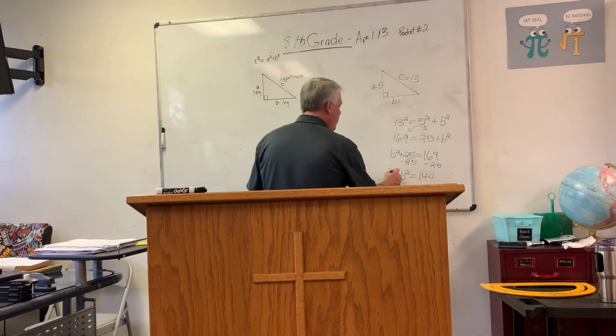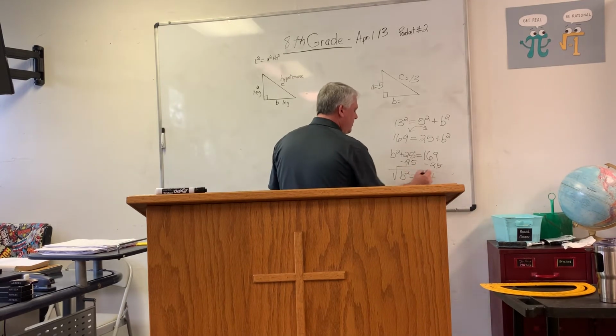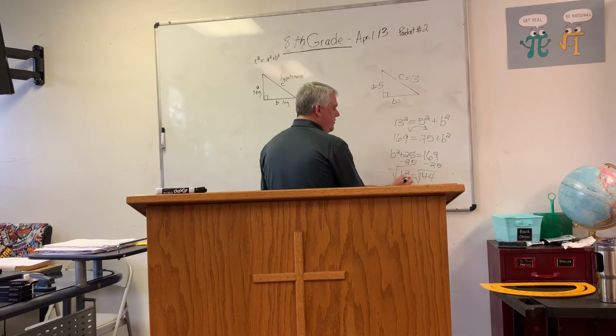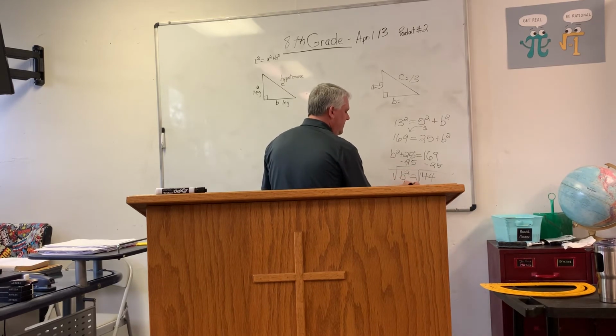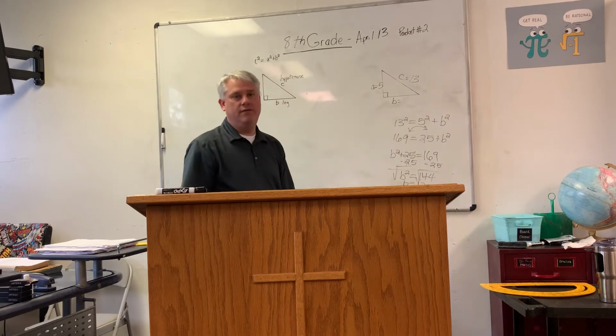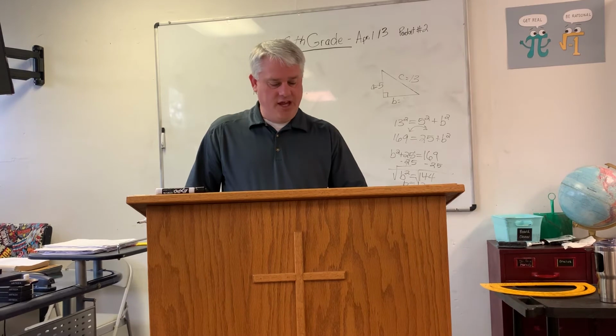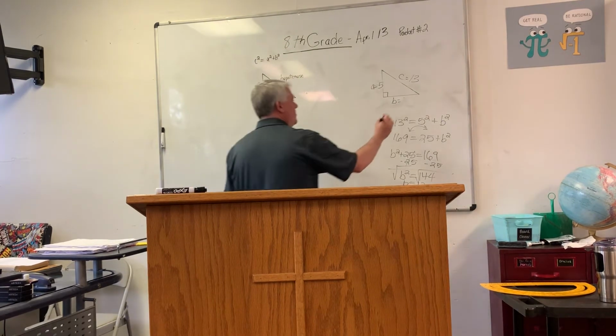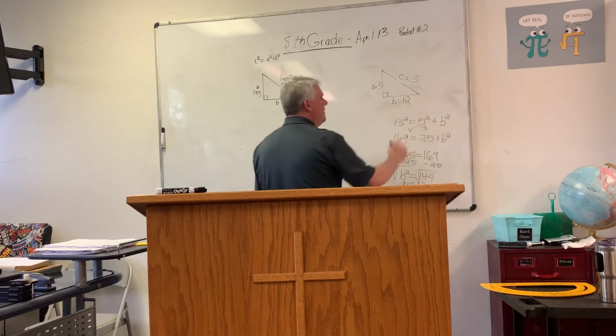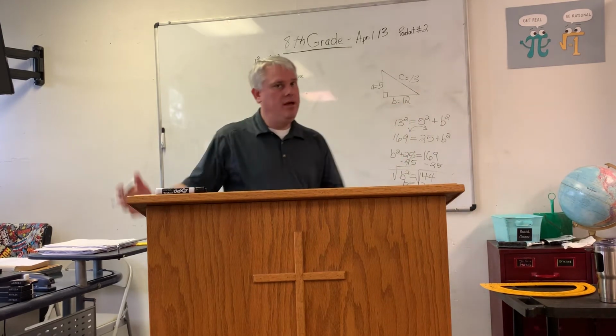We're going to take the square root of both sides. The square root of B squared is B, and the square root of 144 is 12. B equals 12. The other length of our leg is 12. Okay? There we go. Good job.